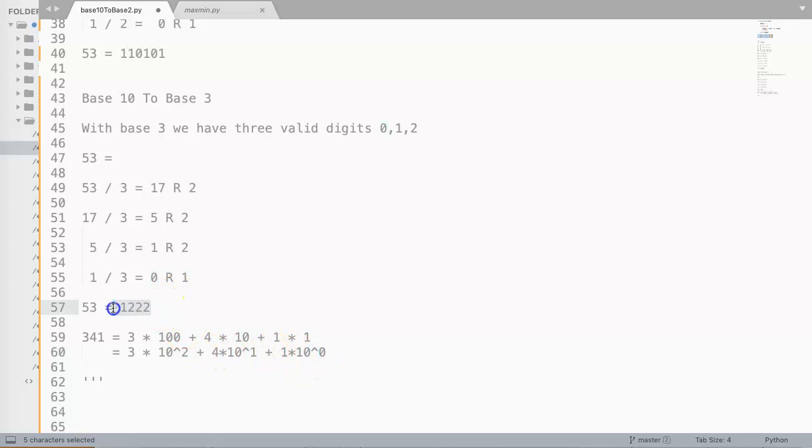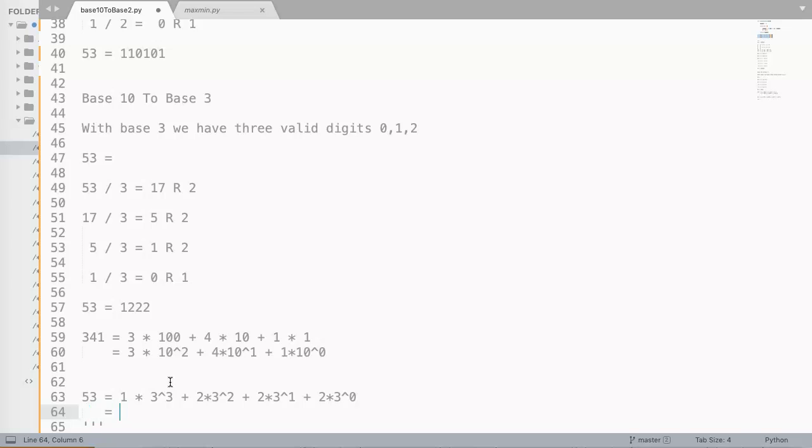So let's take this base 3 value and convert it back into base 10 and confirm that we get 53. 53 is equal to 1 times 3 to the power of 3, plus 2 times 3 to the power of 2, plus 2 times 3 to the power of 1, plus 2 times 3 to the power of 0.